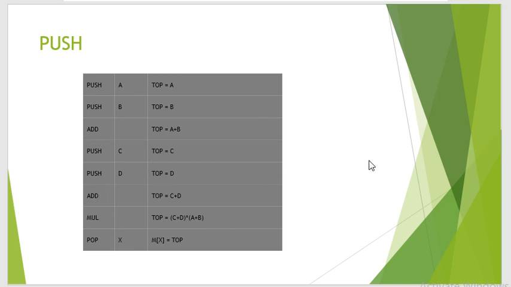After that the next instruction, add: top is equal to c plus d. We give the subroutine as add. The micro operation is that the content of operand c will be added with the content of operand d, and the result will be stored into the top of the stack.